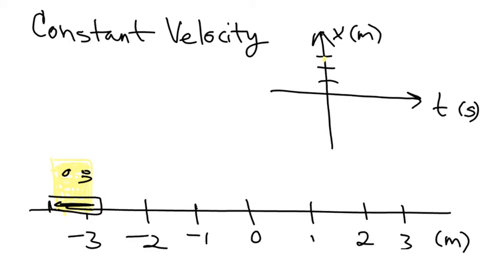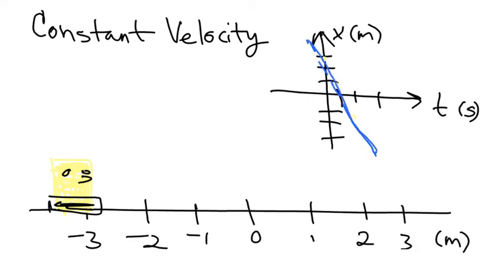I'm going to draw some seconds on my time axis. One second later he was at 1, so we're going to have another dot right here. And a second after that he was at -1, and then at -3. If I was good at drawing straight lines, when I connect the dots, I should get a straight line.